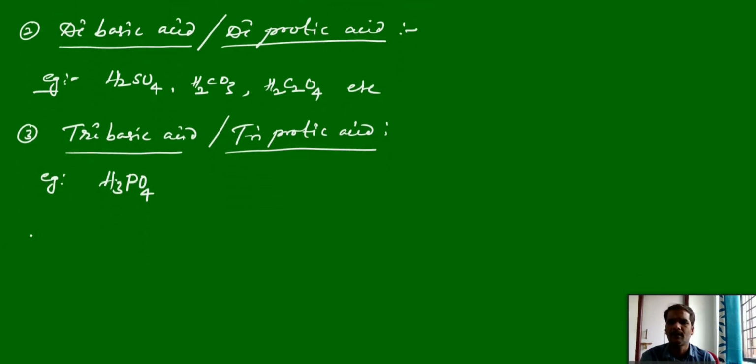Next, tetra, tetrabasic, or we can say tetraprotic acid. Simply we can say polyprotic instead, like this.